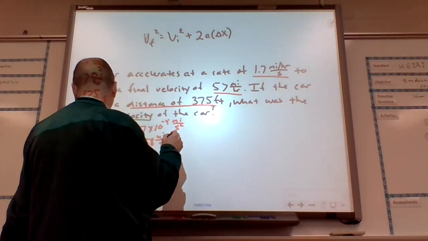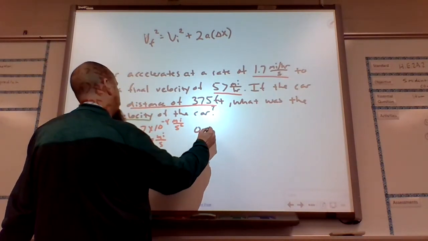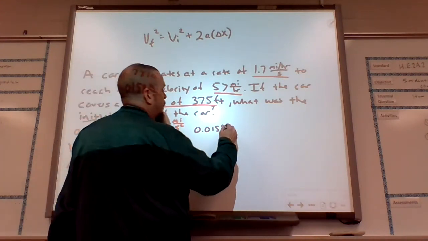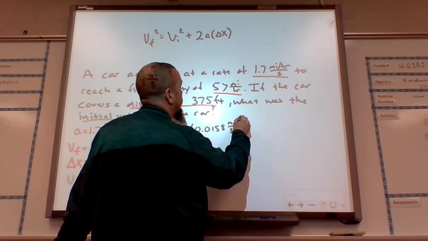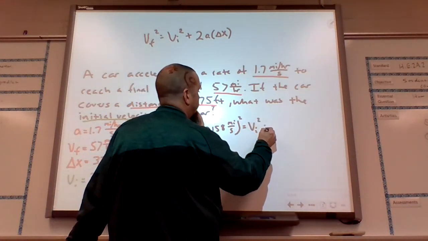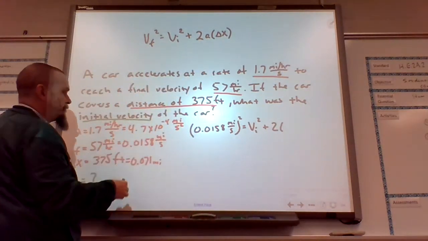So VF squared, that's this number. That's miles per second. That is squared. Equals VI squared plus 2 times A, which is that number.